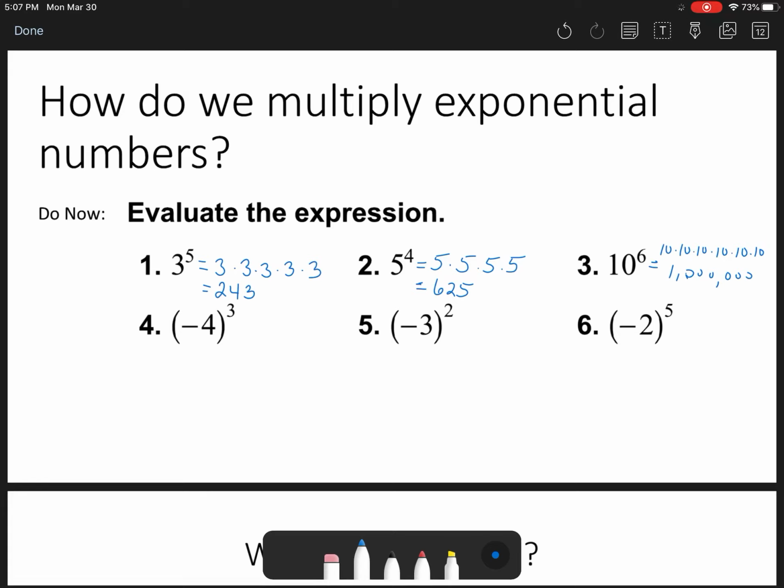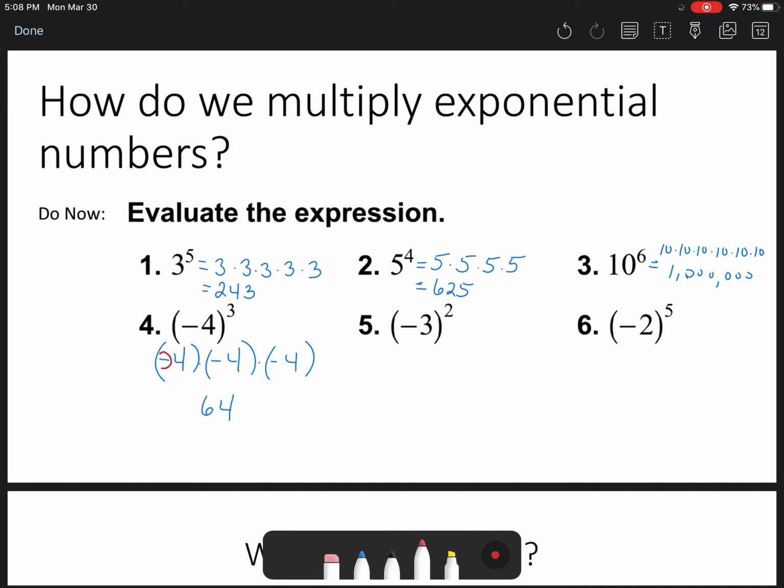Number 4, we have negative 4 to the 3rd power. Remember, this means negative 4 times negative 4 times negative 4. Because it's being raised to the 3rd power, we get 64. Now, should this be a negative 64 or a positive 64? Take a look at your signs. A negative times a negative is a positive.